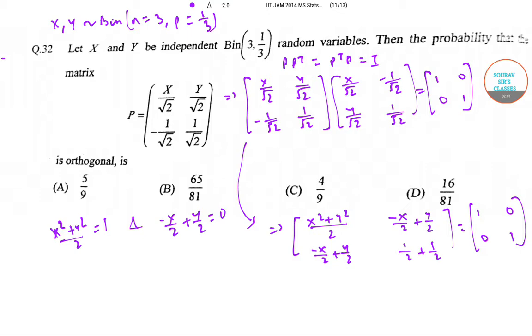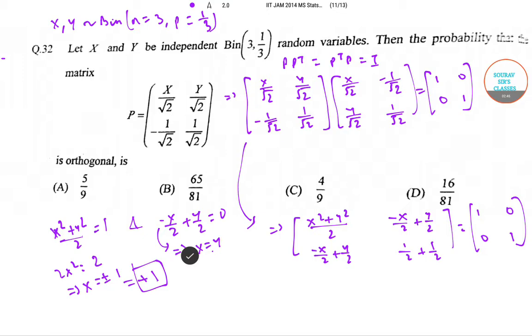So on solving this, we get x is equal to y, and putting this value over here we get 2x squared is equal to 2, so x is equal to plus minus 1. But since x and y are binomial random variables, they cannot take negative values, and thus it would only be plus 1.